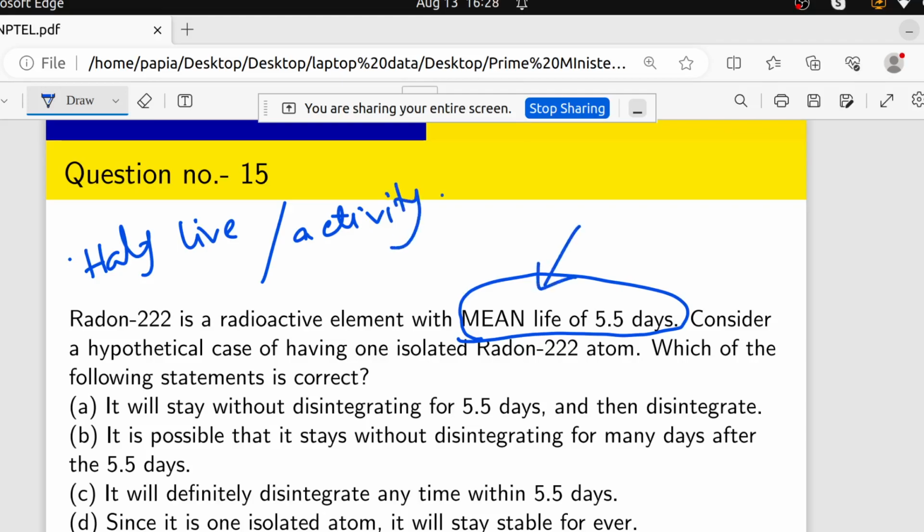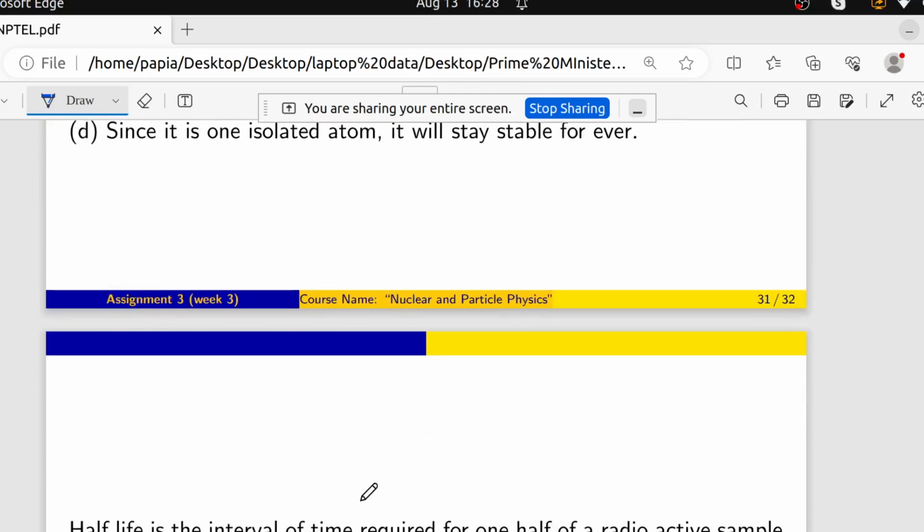There was no term as mean life, right? There was half-life, there was a decay rate, like that. So what is mean life? Half-life is the interval of time required for 1/2 of the radioactive element sample to decay, right? So mean life is what?